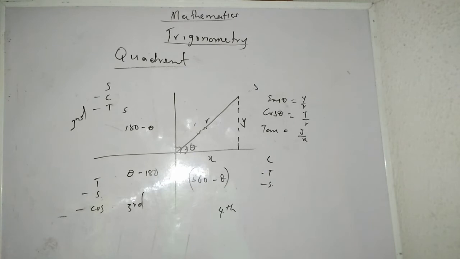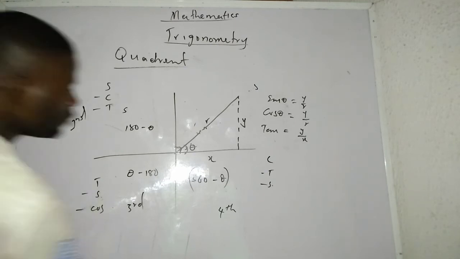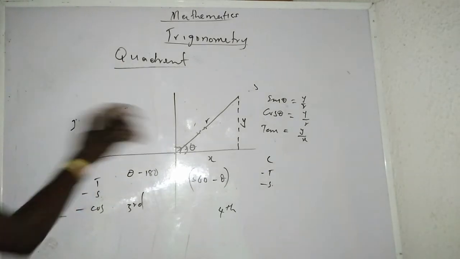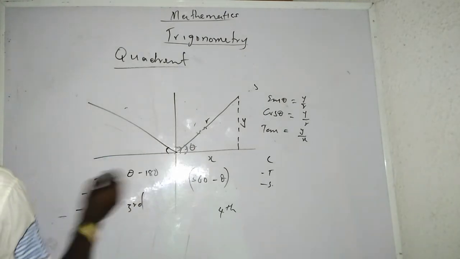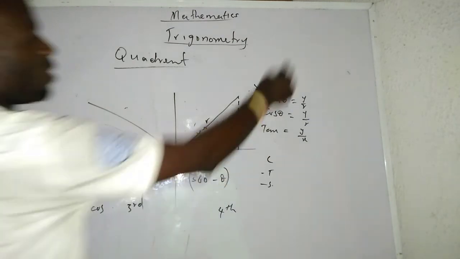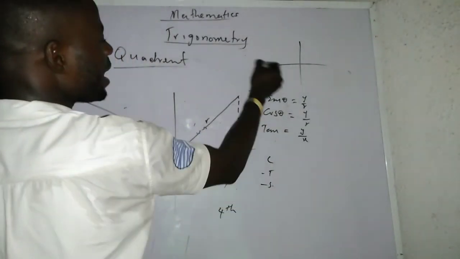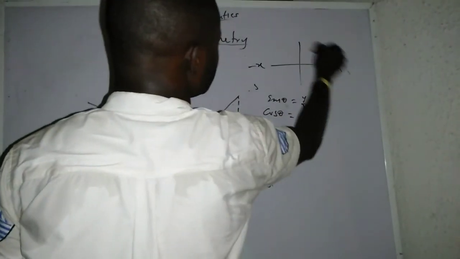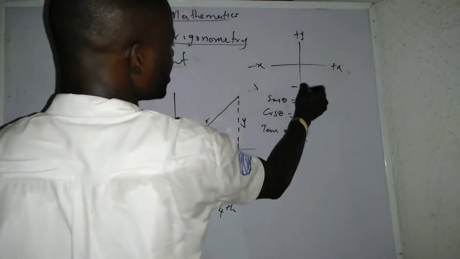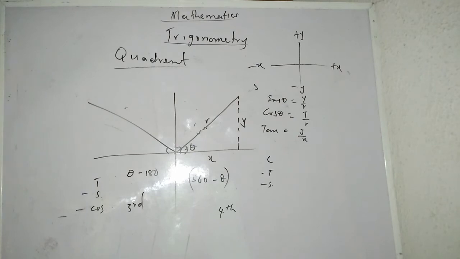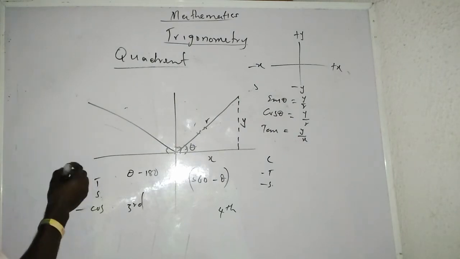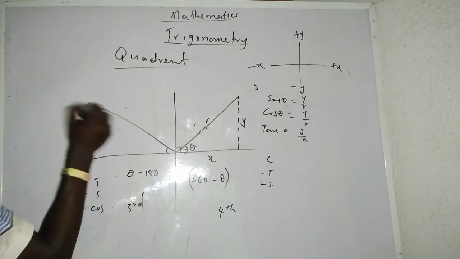But if you come here, go to your graph. This is a negative x, positive y, negative y. It's very, very important. That is the logic behind this. Now, also, if I should have this, this is negative x.